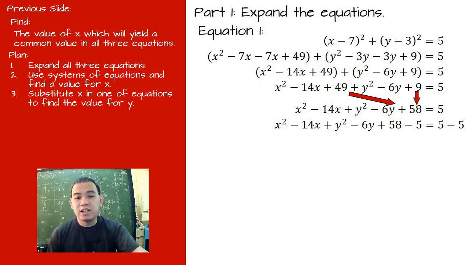But let me give you a reminder that transposition is a shortcut, and it should be done correctly. We add or subtract an inverse identical value to both sides of the equation to maintain the equality of the function. Remember, what you do to one side of the equation, you do to the other.